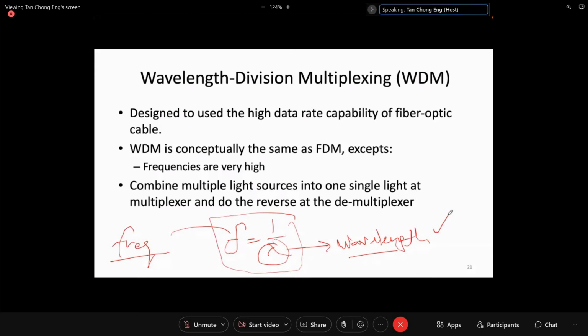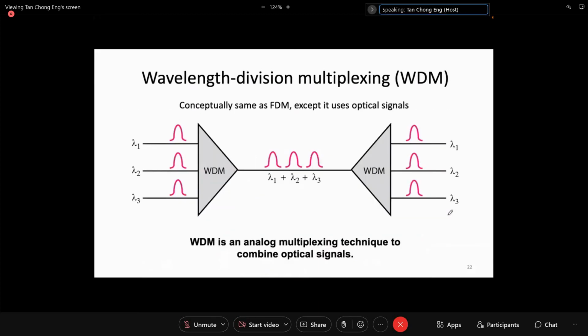It's the same thing. If you look at this diagram, each light source has its own wavelength. This is wavelength number 1, wavelength number 2, wavelength number 3. These are all different wavelengths, just like different frequencies. When multiplexed by the wavelength division multiplexer, all 3 wavelengths travel inside the same fiber optic.